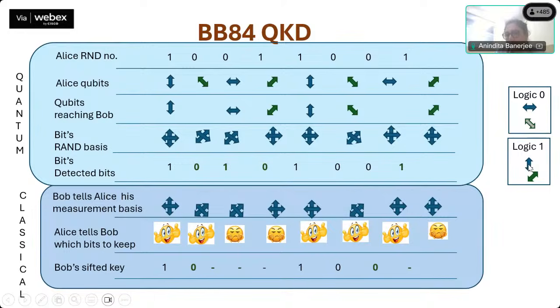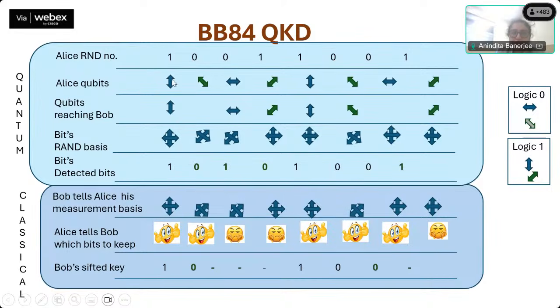here and here. So in the rectilinear basis you have logic 0 for the horizontal, and in the diagonal basis you have 135 degrees as logic 0. For both the bases you have to designate logic 0 and logic 1. Okay, so for logic 1 you have vertical as well as 45-degree polarization. So now Alice is selecting random numbers.